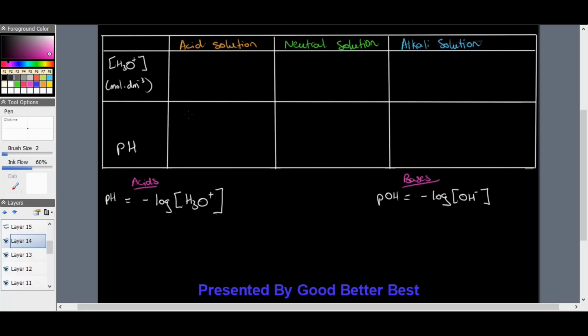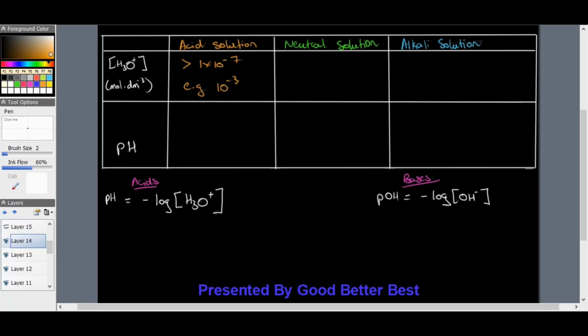But focus on the pH level for an acidic solution. For an acidic solution, the hydronium concentration will be greater than 1 times 10 to the negative 7. For example, 10 to the negative 3. If you get a value of 10 to the minus 3, we know that it is very acidic.